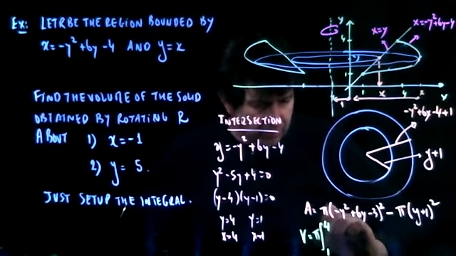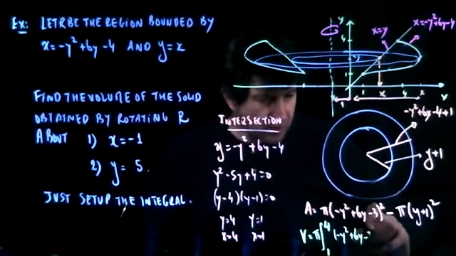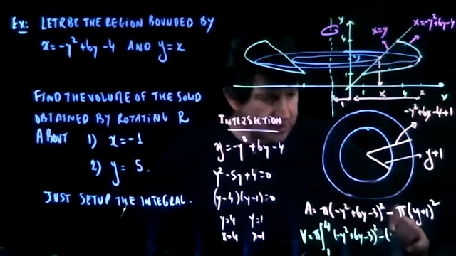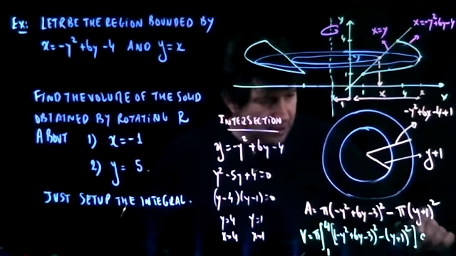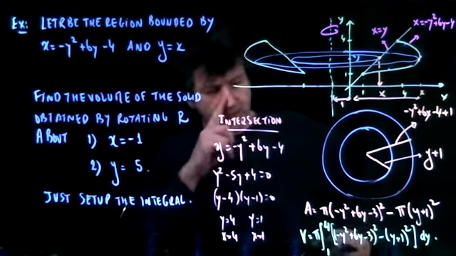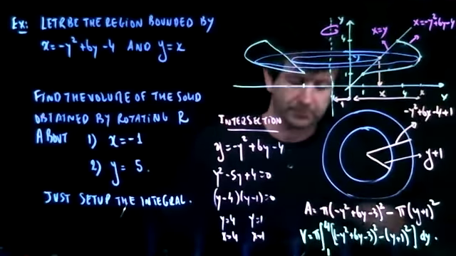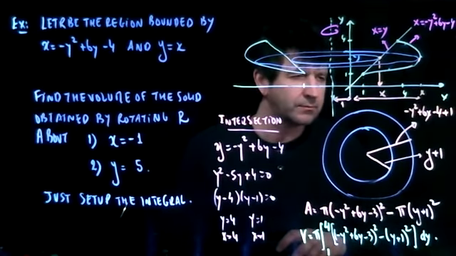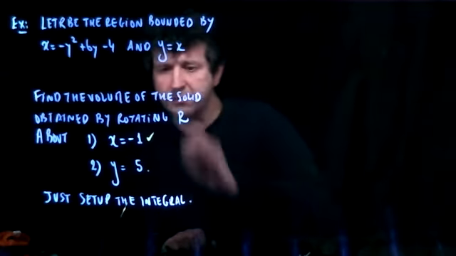I'm going to take out the pi: negative y squared plus 6y minus 3 squared minus y plus 1 squared, and all this times dy. This is the integral that will give you the volume of that solid. Okay, second one. So this is done.